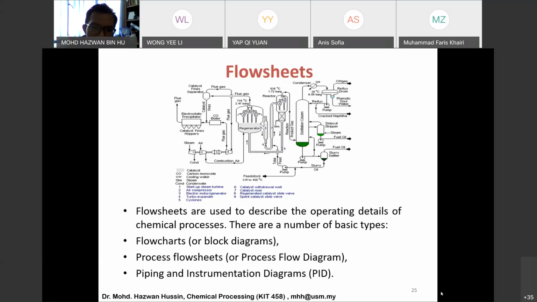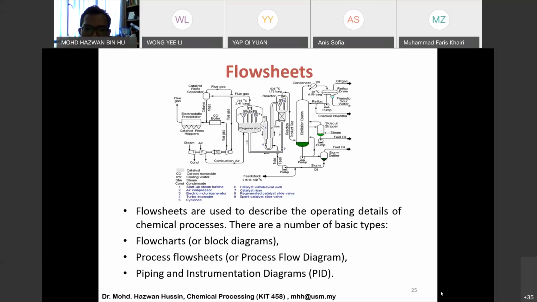So we have flowcharts. Normally a flowchart is in block and also arrow charts. We also have process flow sheets, sometimes called process flow diagram, as what you've seen over here. The figure in front of you is actually showing the process flow diagram. And we also have the piping and instrumentation diagram, PID.